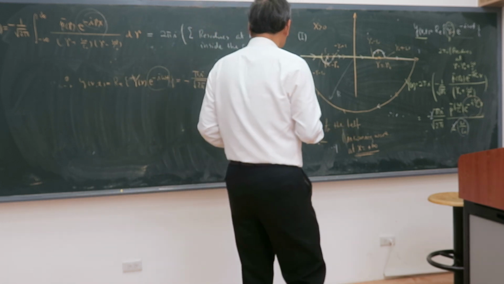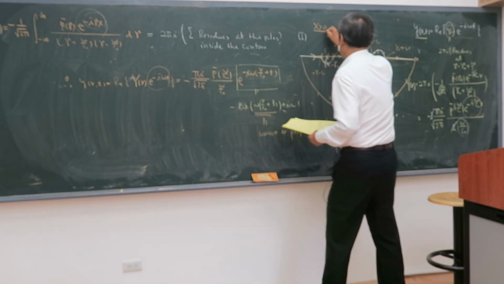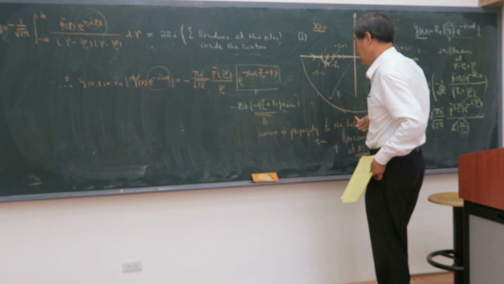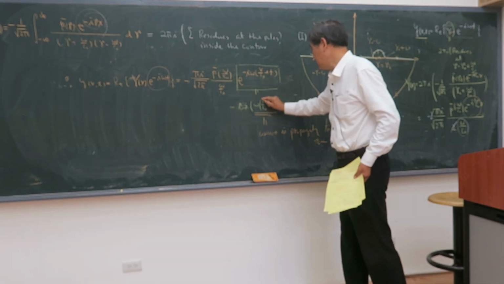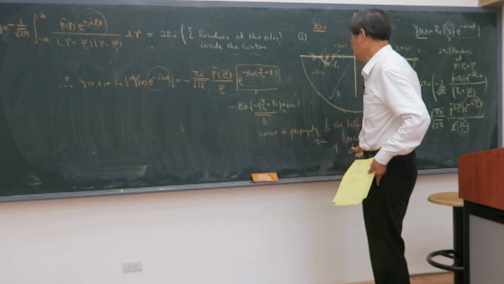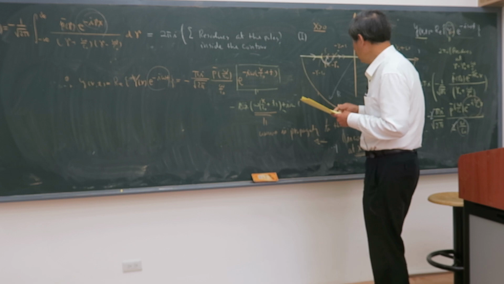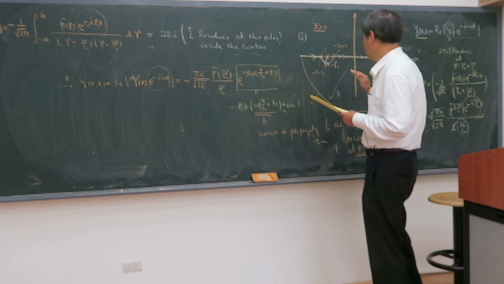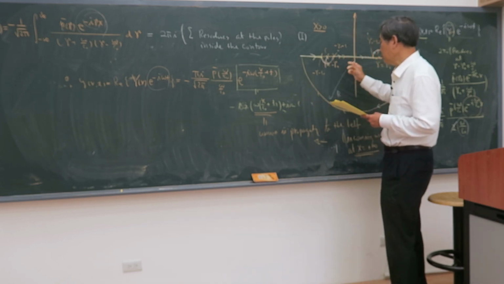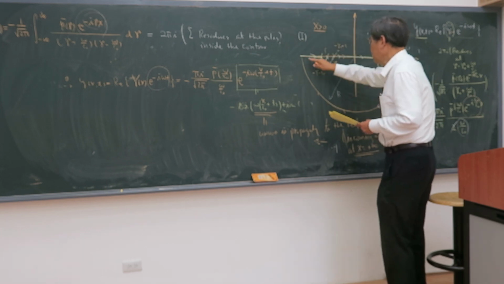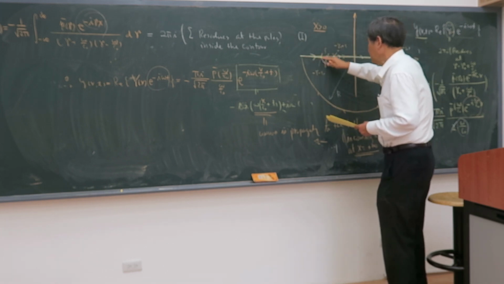If x is smaller than 0, we have to choose upper, but for the residual it doesn't matter whether x is positive or negative. For the two residuals, whether x is larger or smaller than 0, we'll always choose this contour.